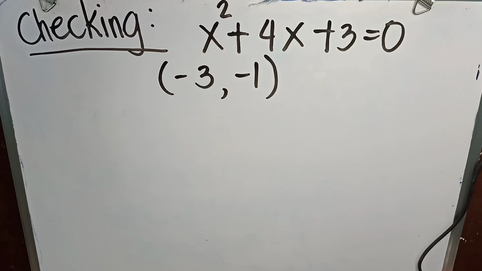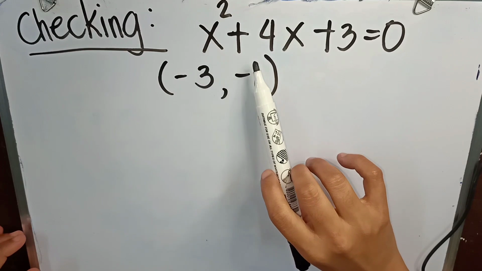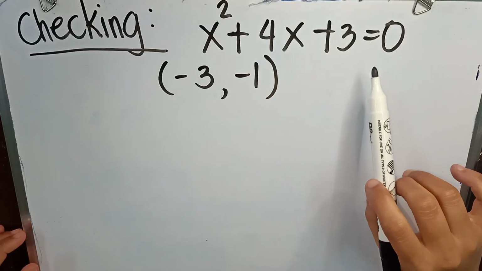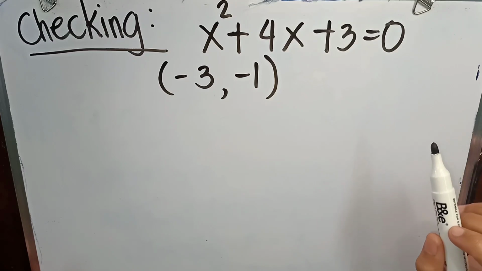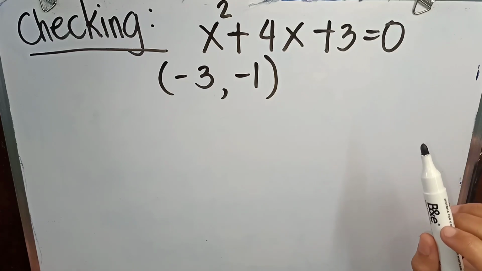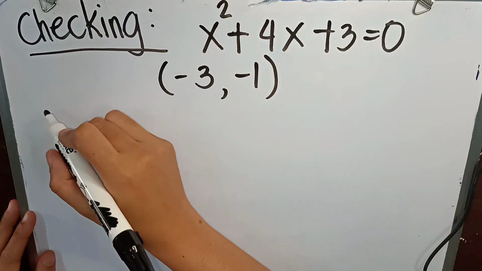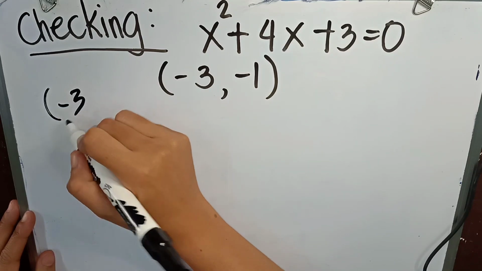To check if our solution sets are correct, first go back to our equation, which is x squared plus 4x plus 3 equals 0, and then substitute the given solution set. First, we have negative 3.